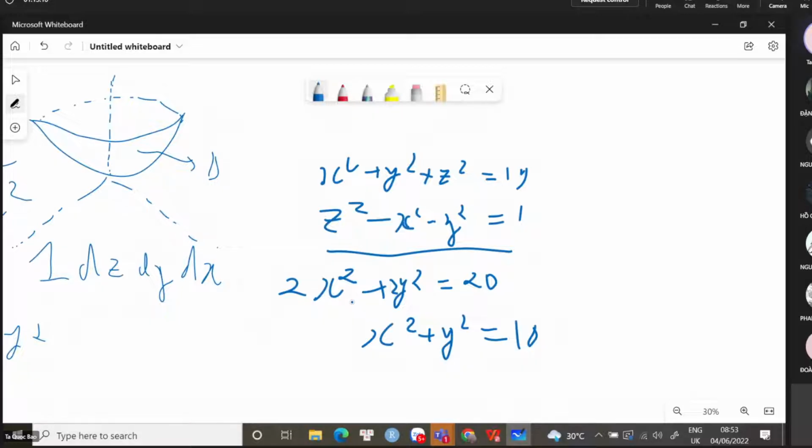No, yeah, not 10. I think 2x squared plus 2y squared equals 18. Sorry. Okay, sorry, yes, exactly. This is 9. All right.